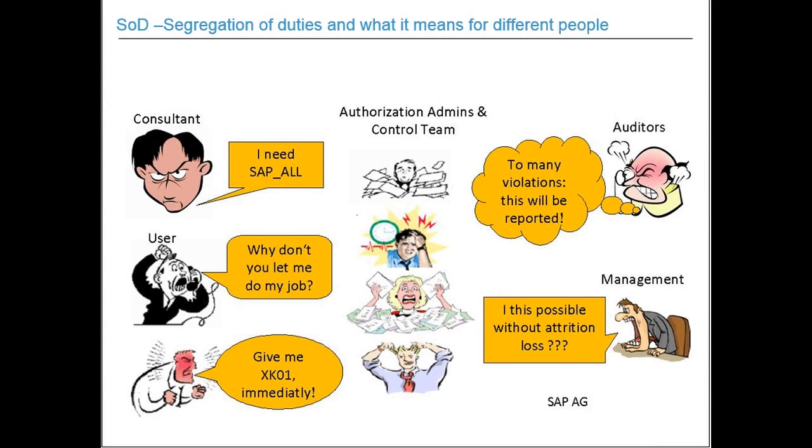If not, it is sent back to the user saying, hey, this is the problem, because when I go ahead and give you this transaction code, the system pops up and tells me that if you are given MM01, the existing transaction codes from a functional module do not go with this new transaction code, and a new risk is developed.